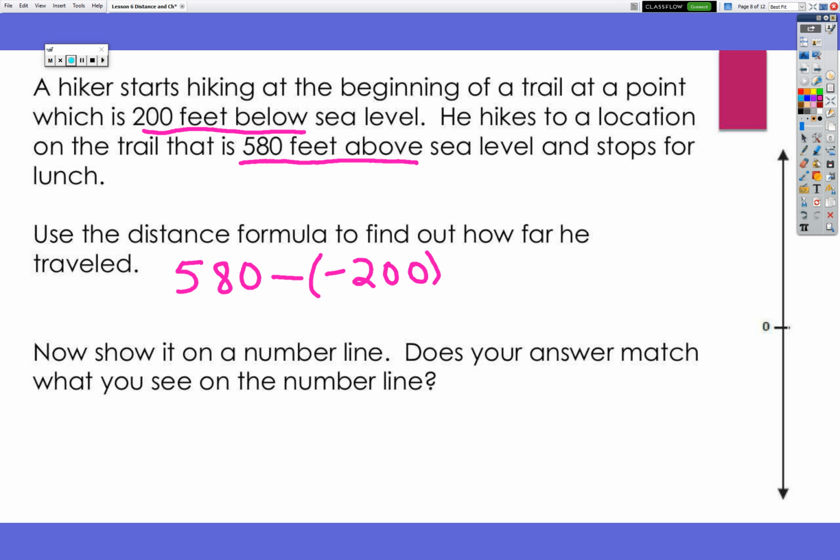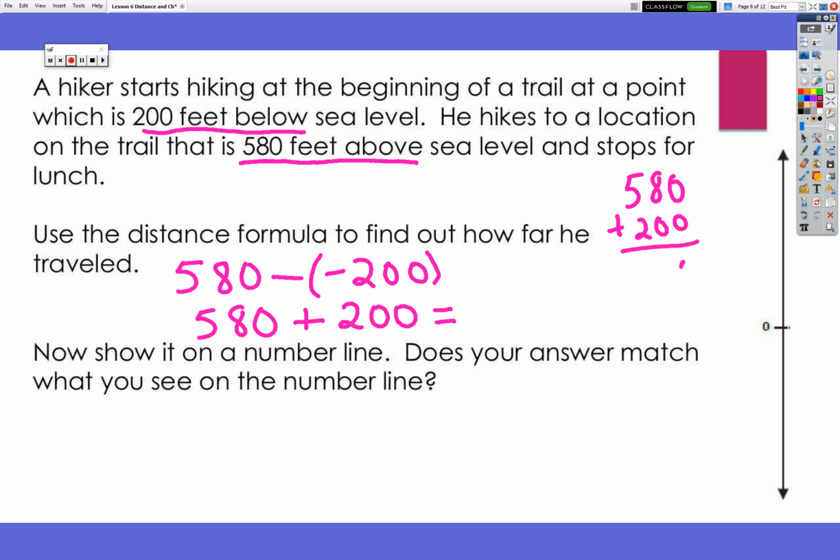Okay, let's rewrite that as adding the opposite. 580 plus the opposite of negative 200 is positive 200. 580 plus 200 is 780. If you need to, you can write it out off to the side somewhere. And do your addition that way. So 780. So the distance that he traveled was 780 feet.